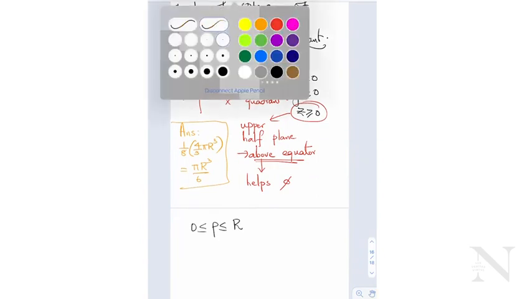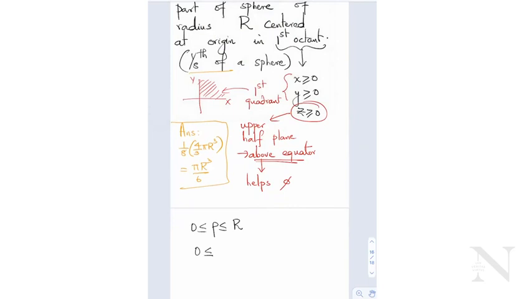So can you tell me what the limits for phi and theta would be? Would they both be from 0 to pi over 2? Very good. Both of them are from 0 to pi over 2. Theta is from 0 to pi over 2 because it's the first quadrant. So on the xy plane, it's just going from 0 to pi over 2.